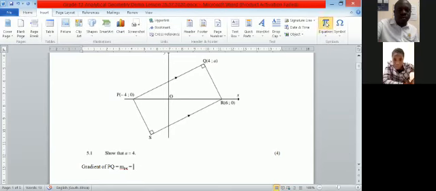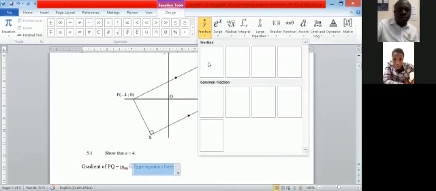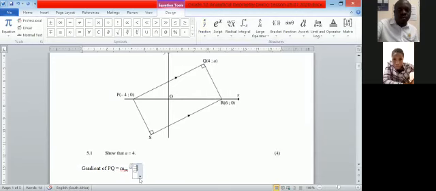The denominators are the x's, so it's 4 minus minus 4.